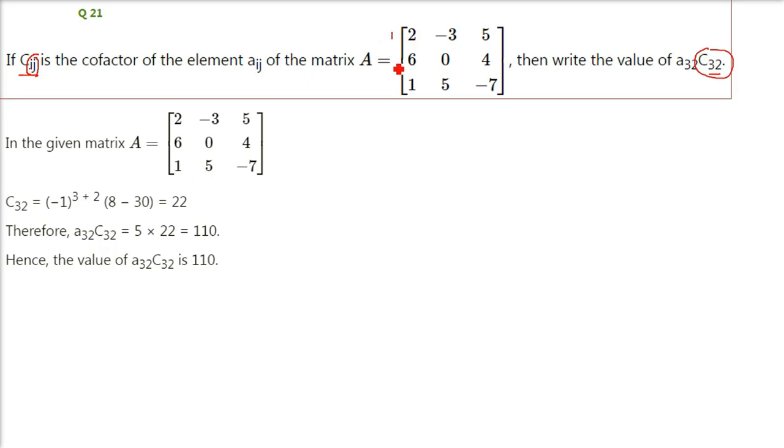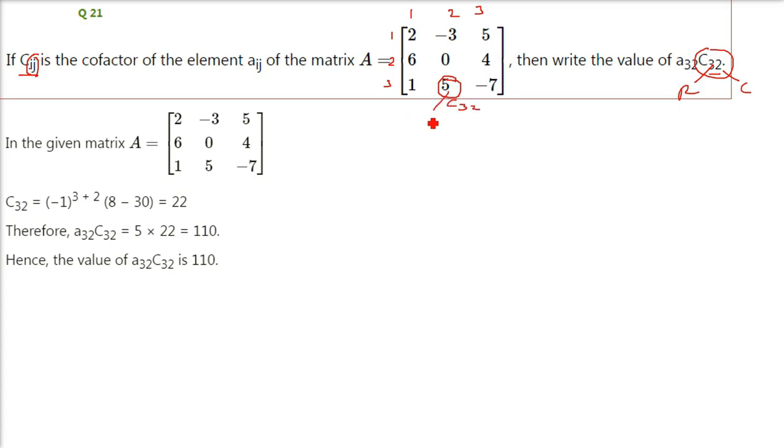There are 3 rows and 3 columns here. In this, C32 means 3 is the row and 2 is the column. So which one is this? 5, this position. So third row and second column. So 5 is the A32, and we have to find the C32.